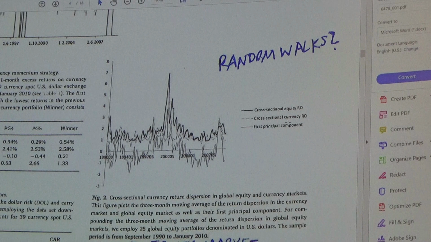So if two processes are random walks, like we have in this picture in figure 2, then we need to employ co-integration analysis.